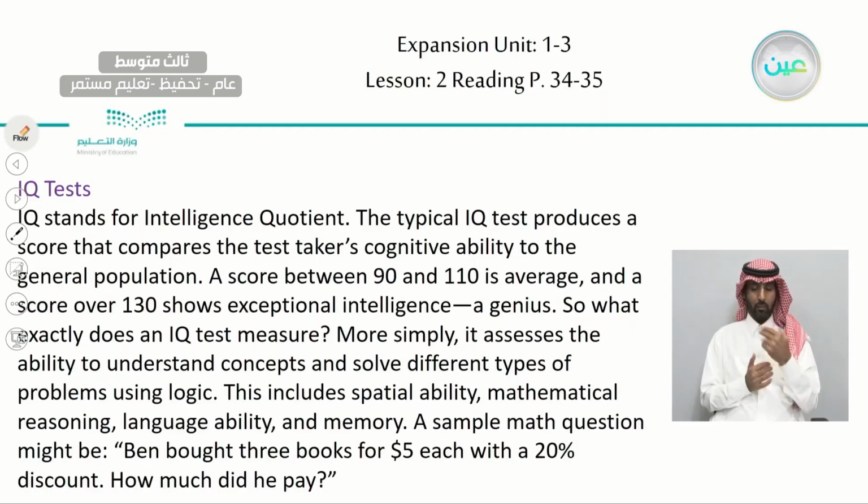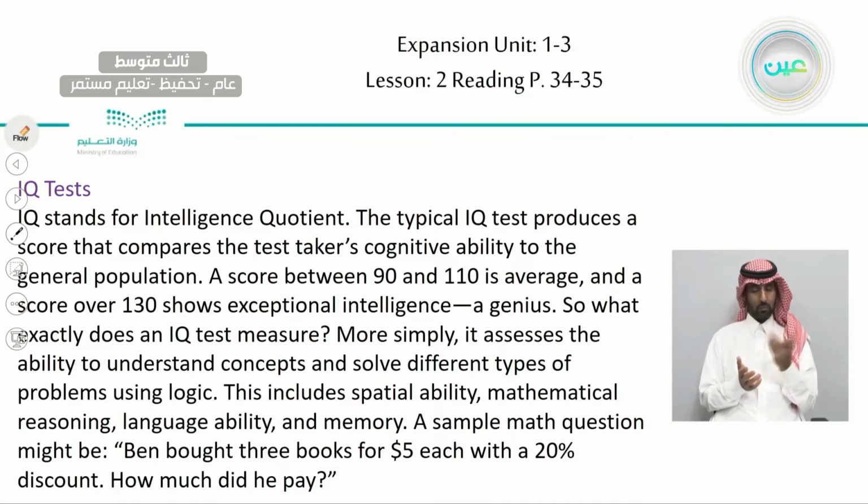Now here we're moving on to IQ tests. This is a different kind of test, okay? Let's hear it together. IQ stands for Intelligence Quotient. The typical IQ test produces a score that compares the test taker's cognitive ability to the general population. A score between 90 and 110 is average, and a score over 130 shows exceptional intelligence, a genius.